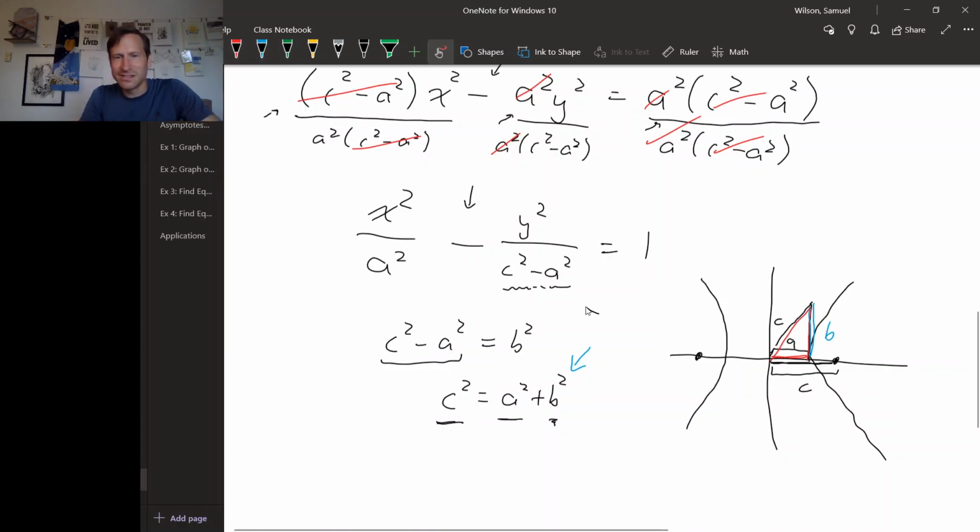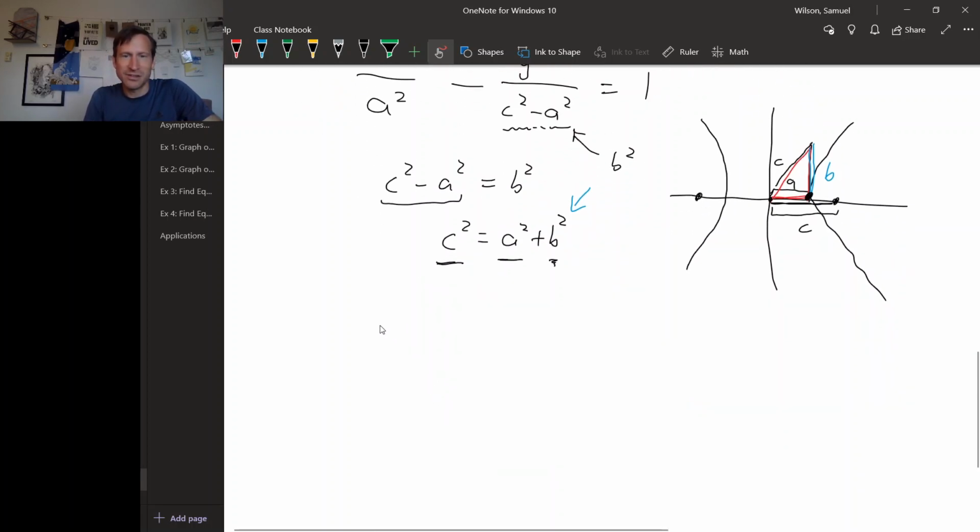And so that's what this denominator is here. It's the square of the right-hand side of this triangle. Notice this right triangle is the one whose bottom side goes out to the vertex of the hyperbola, and the hypotenuse is the length c.